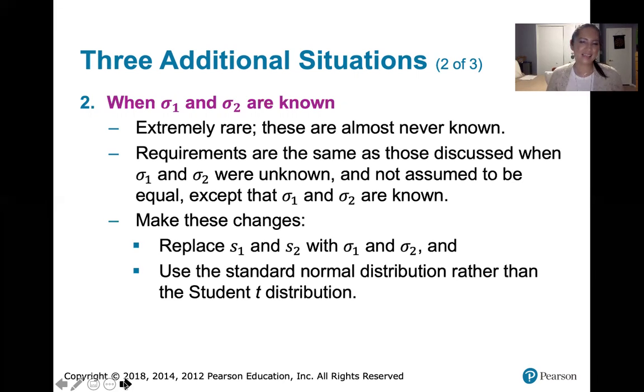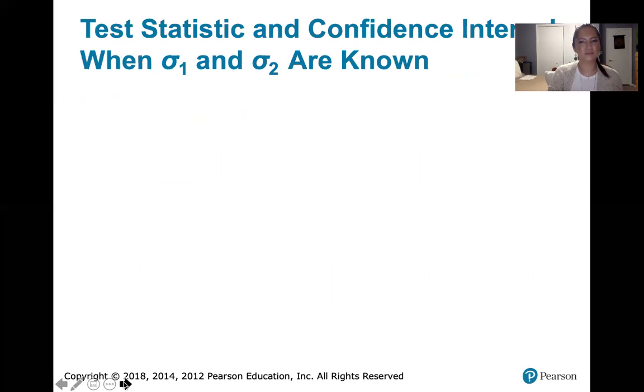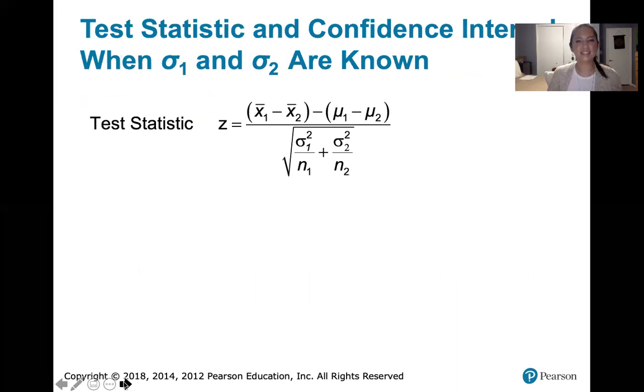And then in that case, it's appropriate to use the standard normal distribution and z-scores rather than the student t distribution and t-scores. So our test statistic in that case is a z-score, and it's computed in almost exactly the same way as that test statistic t was computed. But instead of having an S sub 1 here and an S sub 2 here, you've got sigma sub 1 and sigma sub 2.